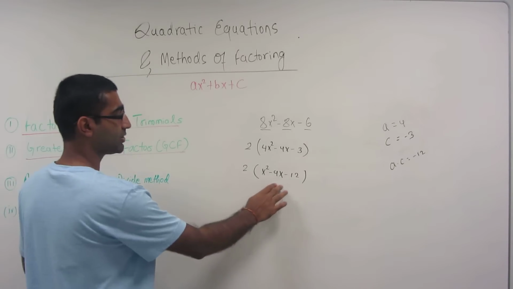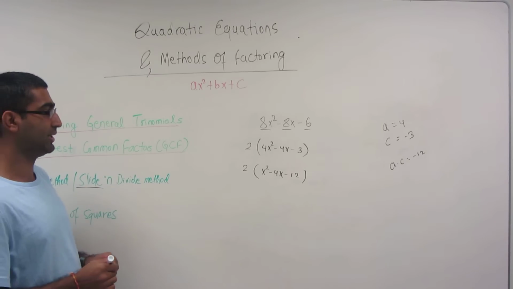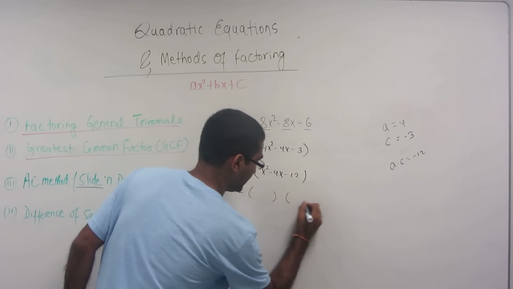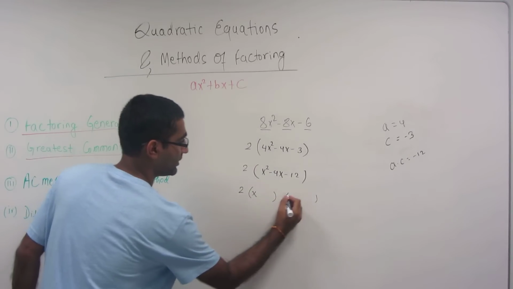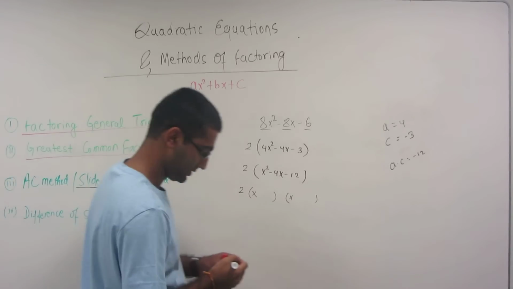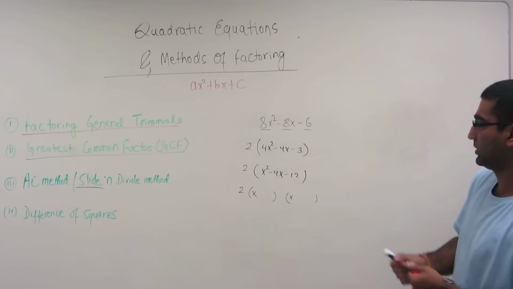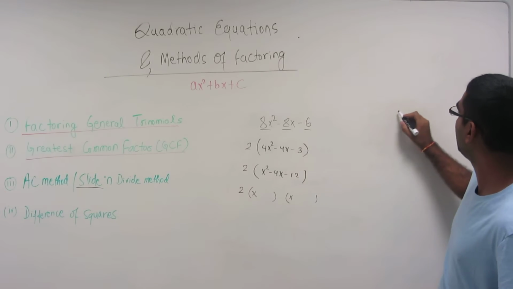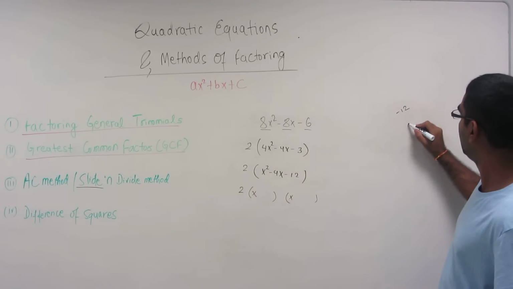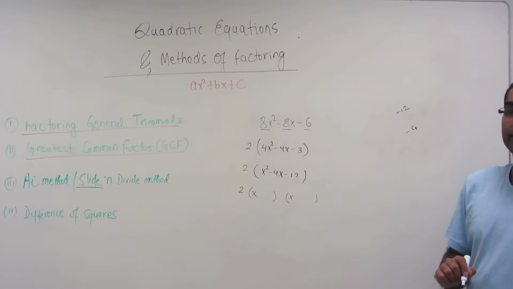Now the way we're going to solve this is exactly like how we solved our general trinomial in the first method. Okay? So you can write 2 parentheses, x and x to get my x squared factor, and the next thing we're going to do is look at the constant term, which is -12, and the coefficient in front of the x term.